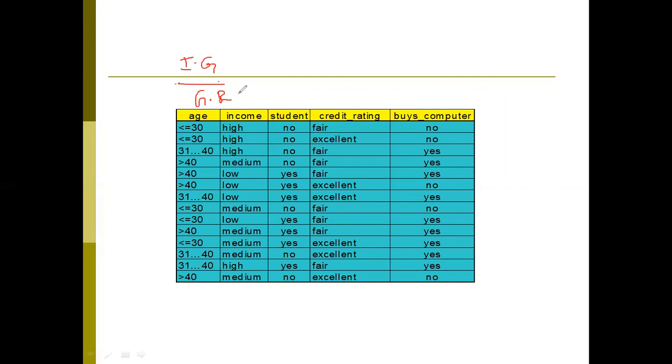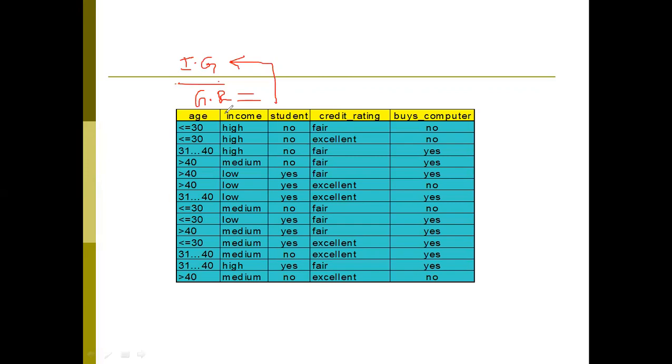If you want to calculate gain ratio, then you need the information gain data also. Why? Because now we are going to apply this gain ratio in the C4.5 algorithm. Actually, the C4.5 algorithm is a successor of the ID3 algorithm.